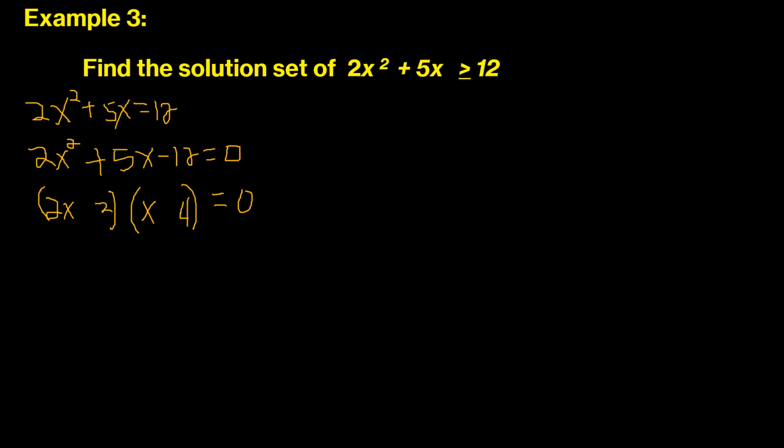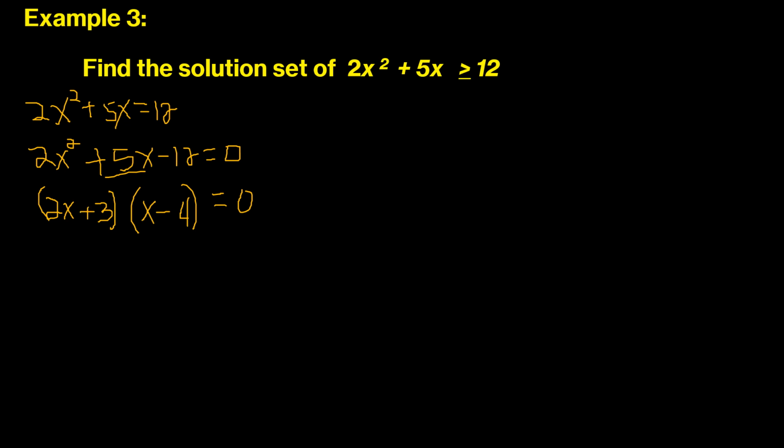Let's try 4 and 3 for the meantime. So the product of the factors of 2x squared and factors of negative 12 should give us the linear term 5x. So let's try. Since 12 is negative, let's try negative 4 here and positive 3.